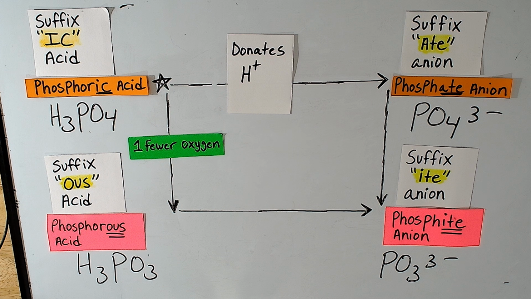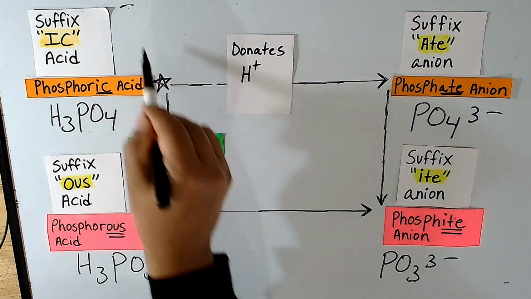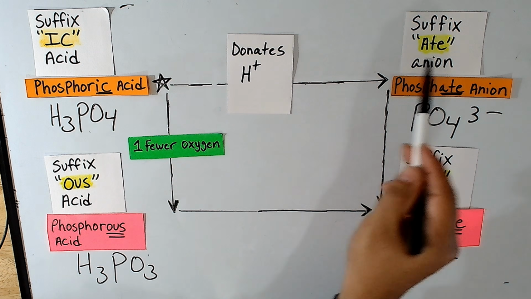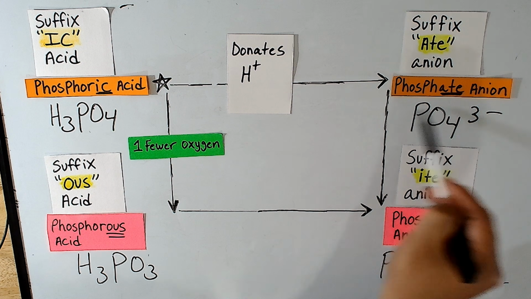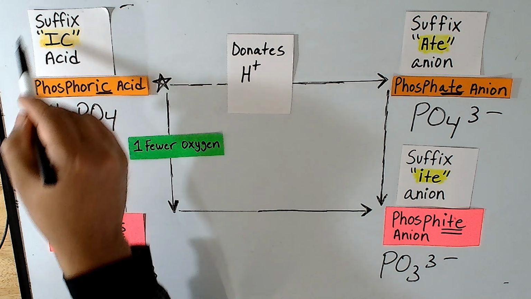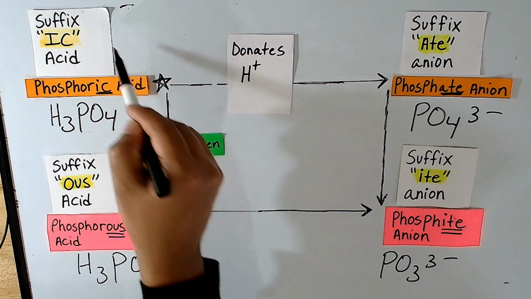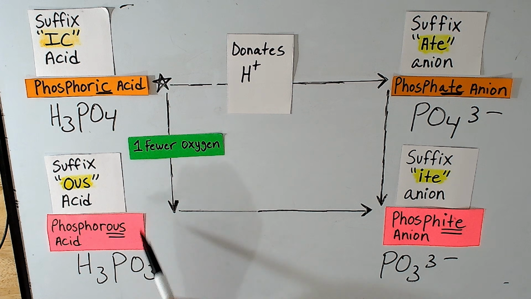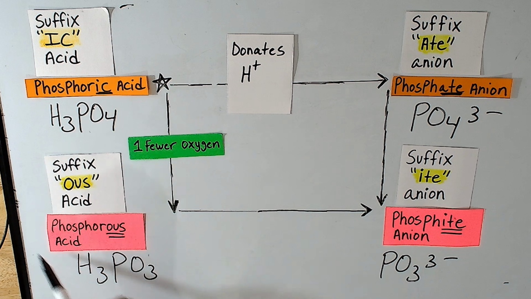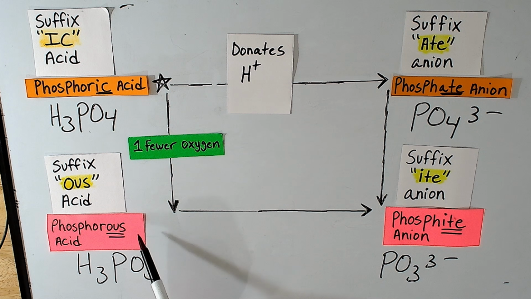So the takeaway is this. We started with the -ic acid. We reveal its anion, which has the suffix of -ate. And since we know also the -ic acid, we can reveal the other acid, the other family acid that is going to have the -ous suffix, and it's going to have basically one fewer oxygen.